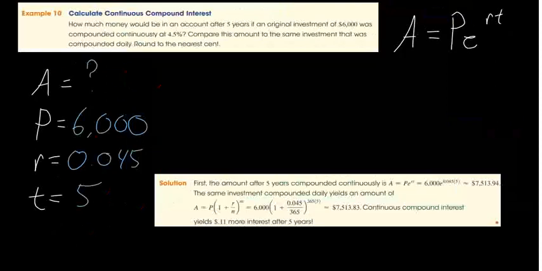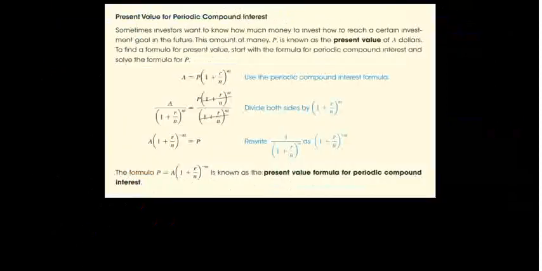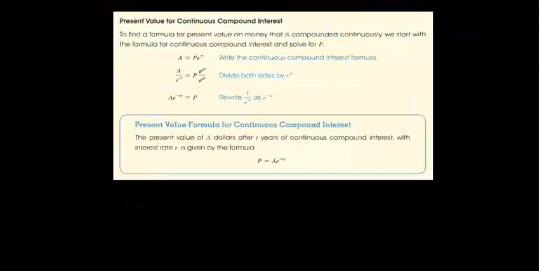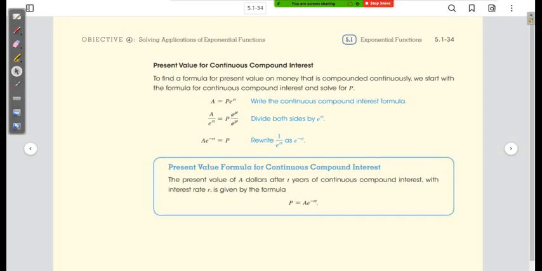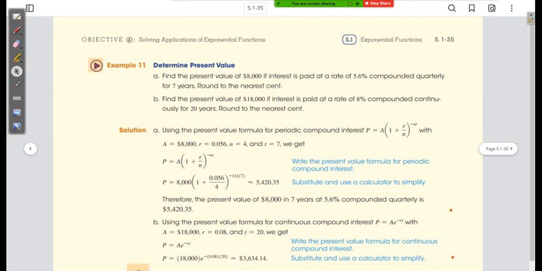Well, this present value stuff is just basically taking the periodic compounding and solving for p, and the present value for continuous compounding is we take the continuous compounding and we also solve it for p. So realistically, it's just those two formulas, but instead of solving for A on the present value, we solve for P, which makes sense, right? P, present value, all that good stuff. All right, so I think those 40 pages were on page 35.